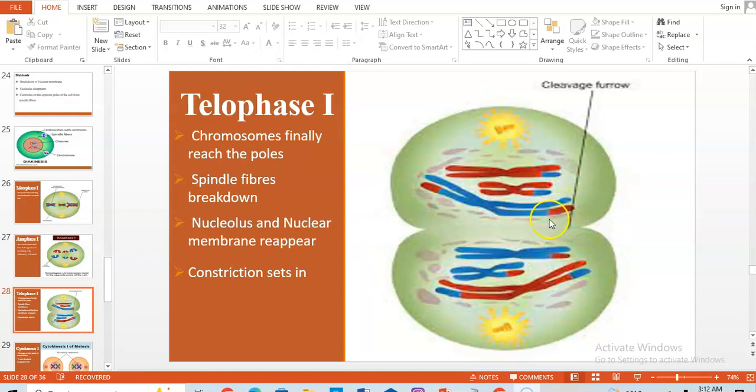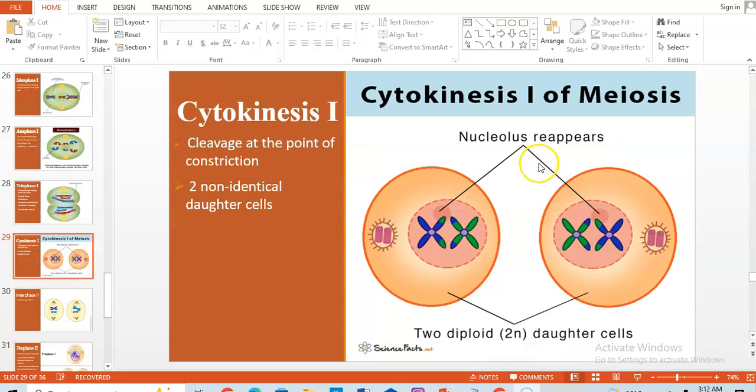Now let's look at the next phase, which is cytokinesis 1. Remember we said that division is divided into karyokinesis and cytokinesis. Karyokinesis is division of the nucleus of that cell, while cytokinesis is division of the cytoplasm.